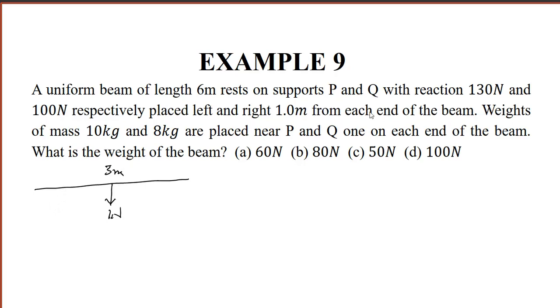Now they say rests on supports P and Q, not supports P and Q, but rests on what? Supports P and Q. So they will create what? A reaction. Reactions are always opposite to action. So the reaction will be up since the action is down. That will be 130 Newton, 1 meter, and the second one will be 100 Newton, 1 meter.